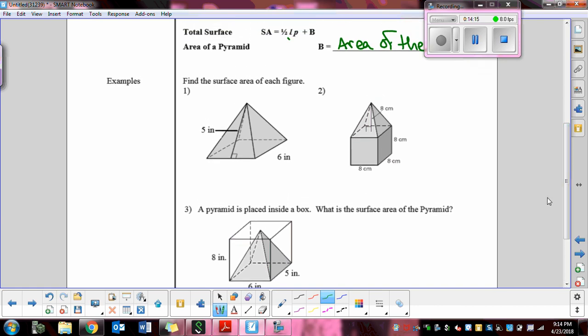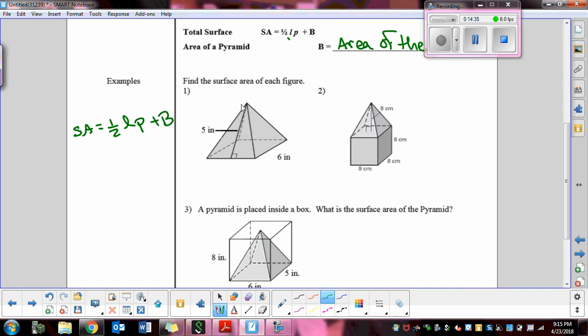It says find the surface area of each figure. So let's do this one. Let's do an example. My surface area, I'm just going to write over here, equals 1/2 my slant height, which sometimes they'll ask us to find, times the perimeter, plus the area of my base.